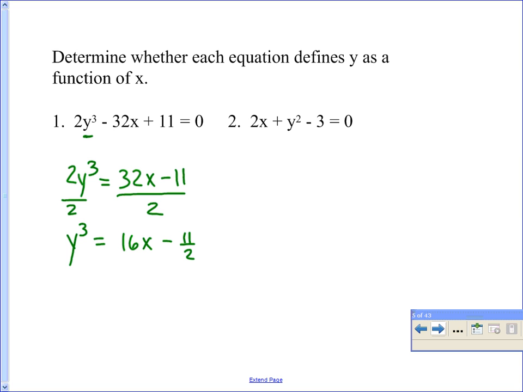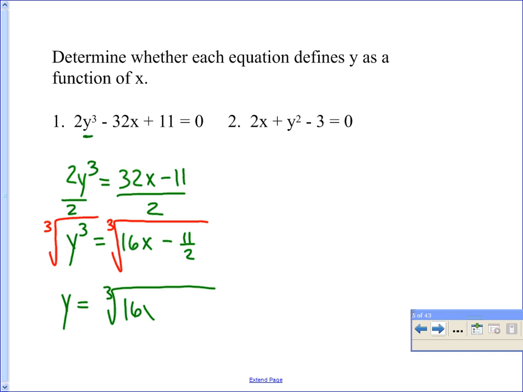And now I have the y cubed, and I want y, not y cubed, so I take the cube root. When I take the cube root, that leaves me with y is equal to the cube root of 16x minus 11 over 2.